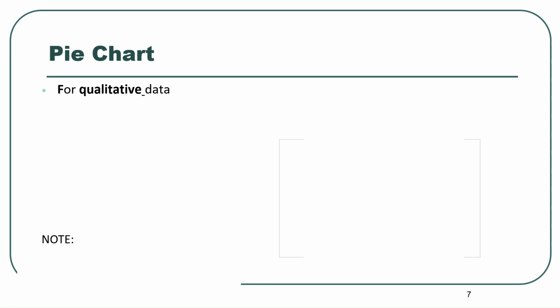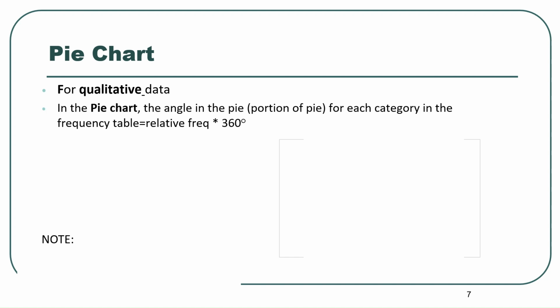The idea here is to divide the pie into portions. Each portion is connected to each class in your table. How? Using a formula which is saying the angle of this portion is exactly equal to 360, because we do have 360 degrees in the pie, the total number of degrees for the angles is 360.